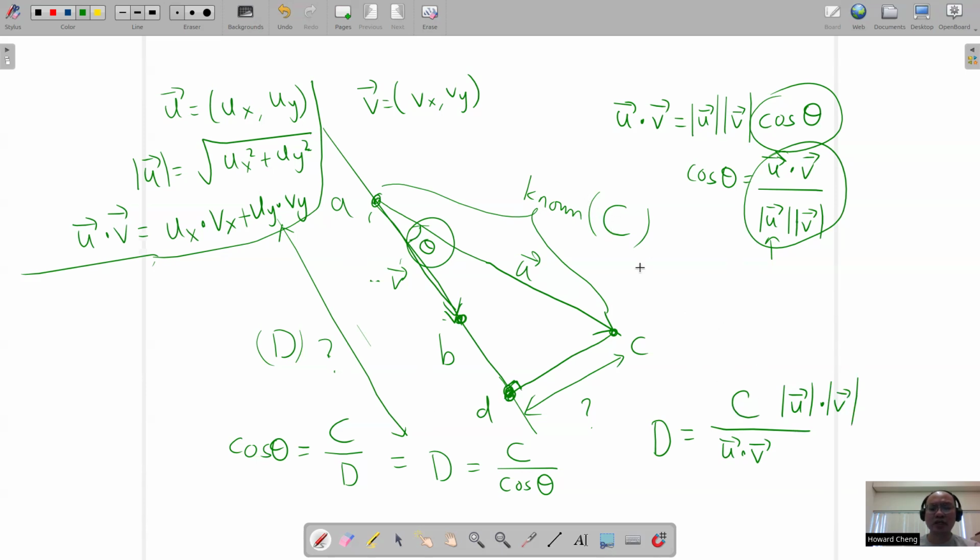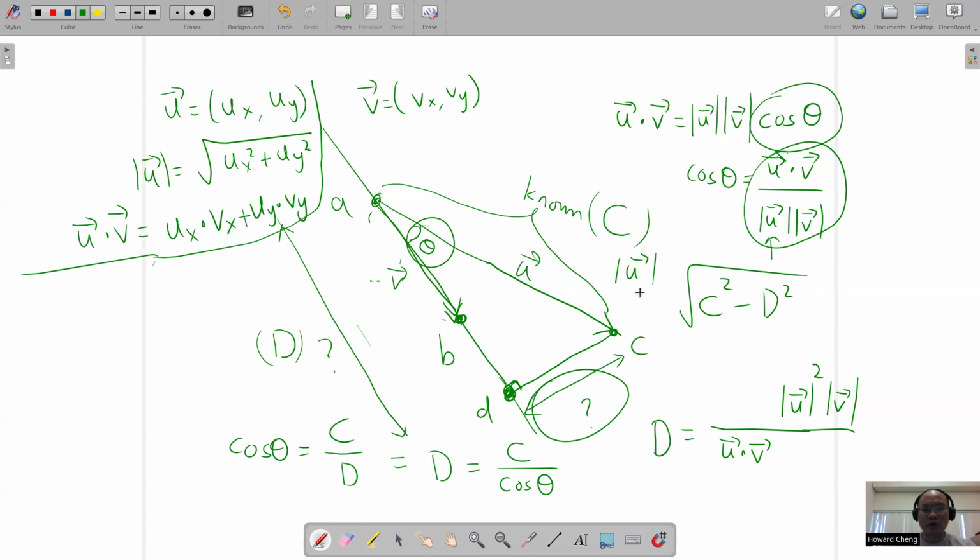And actually c is actually the length of u. So you can write it like this. And once you have this d, and you know c, then you can do c squared minus d squared, square root, would be this distance.